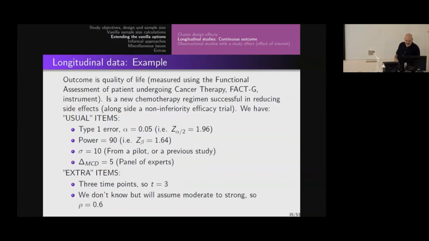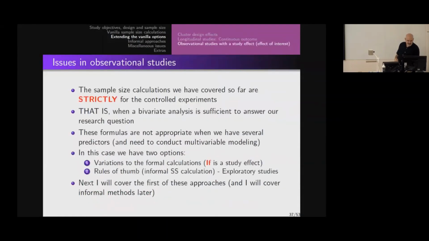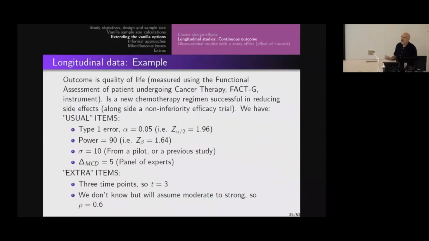Now, I should point out that the ICC is much higher in repeated measures studies, because it's the same person, than it is in cluster designs, where it's different patients but within the same centre. Okay, so we wouldn't use an ICC of 0.01 here.